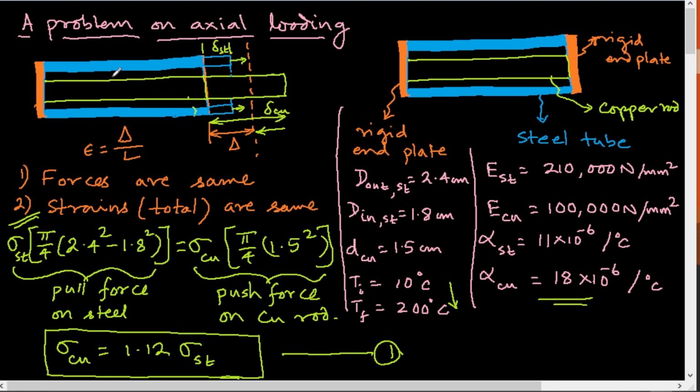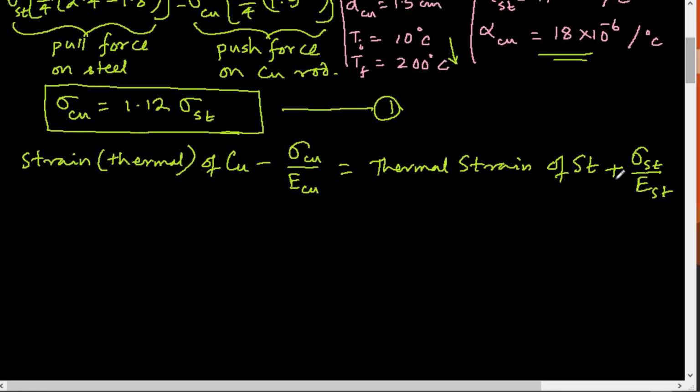So delta steel over L would be the thermal strain, but then it is again pulled by this amount. So here you can apply alpha copper times delta T minus sigma copper over E copper is equal to alpha of steel times delta T plus sigma of steel over E of steel. This delta T is the same for both.